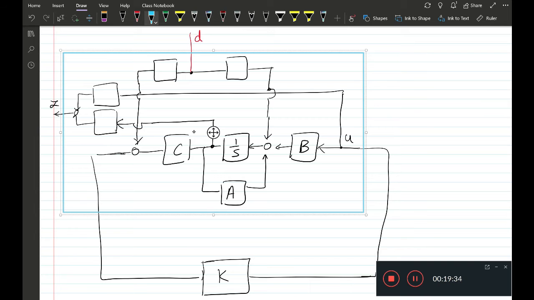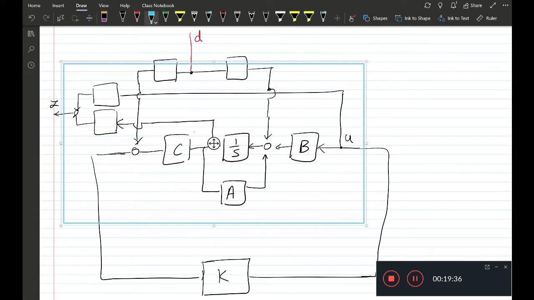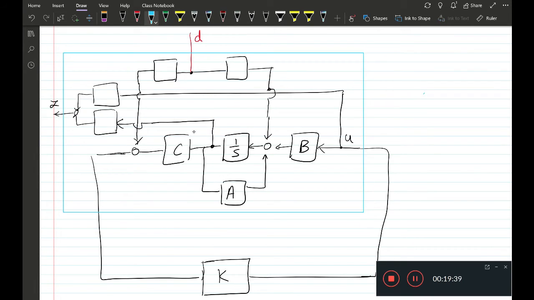If I call this thing G, it has an input D, an input U, an output to the controller that is coming here, and Z here.